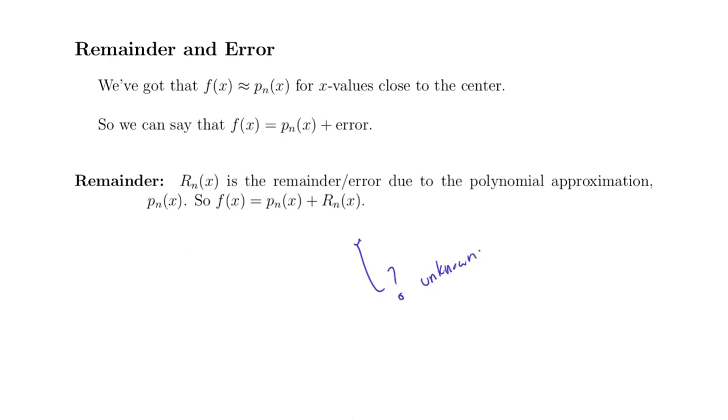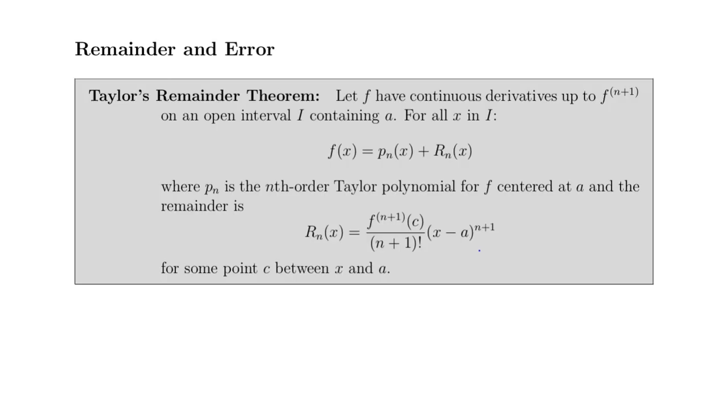We can't really get at it, but what Taylor did was build this remainder theorem, and it's a really cool thing where it actually gives us the value of the remainder. It's unknown. It's going to be based on c. So let me read through the theorem here. We've got some function that's got continuous derivatives up to the n plus first order. So n plus 1 derivatives are all good and continuous on an open interval containing your center.